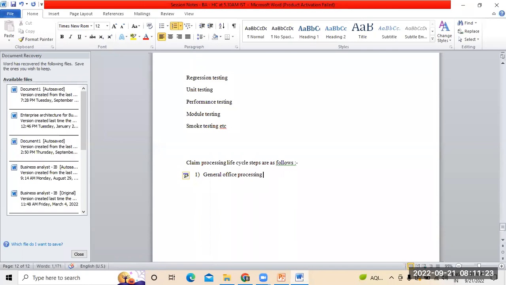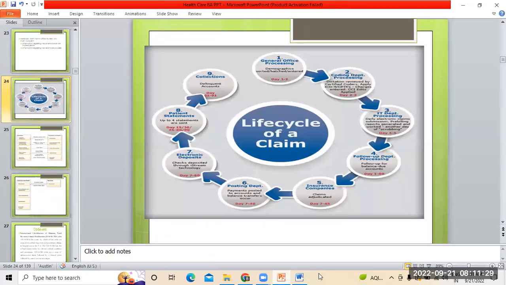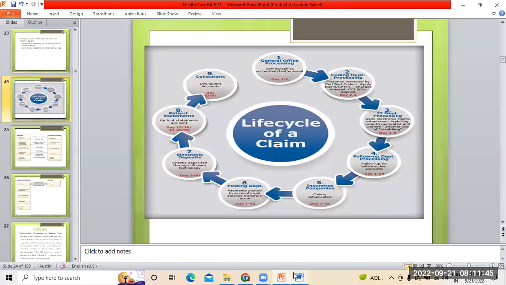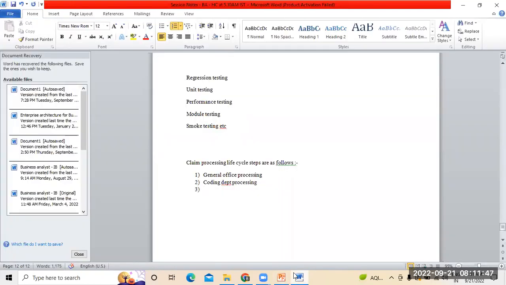The second step will be coding department processing. I'll write down the points; later I will explain everything. Okay. Second was coding department processing. Third was IT department processing.